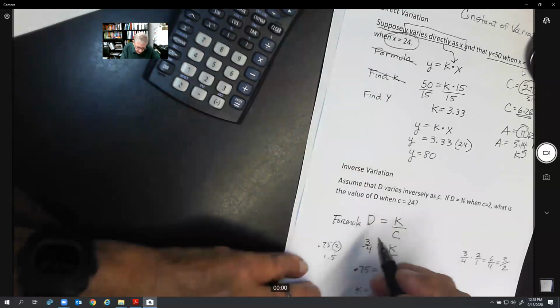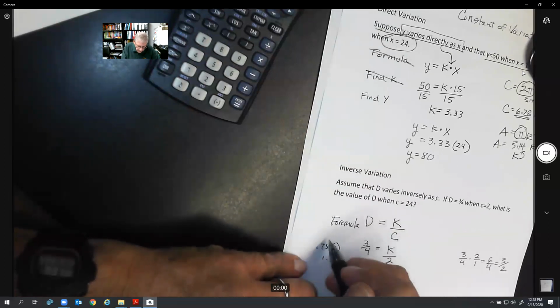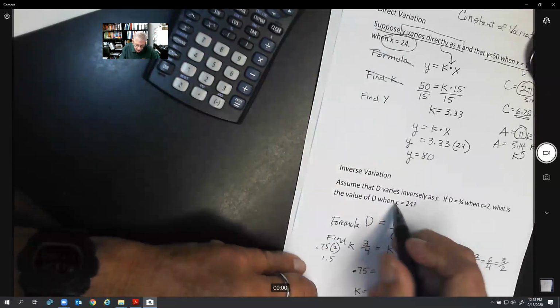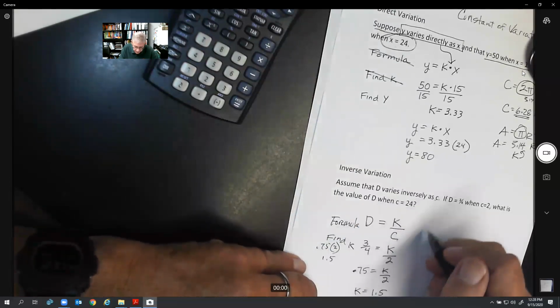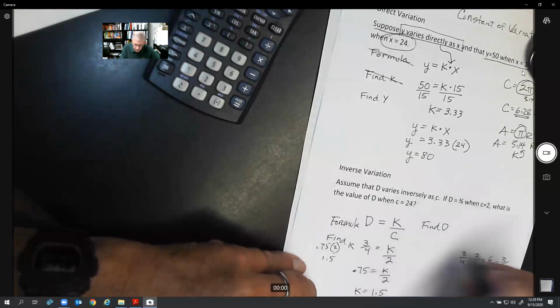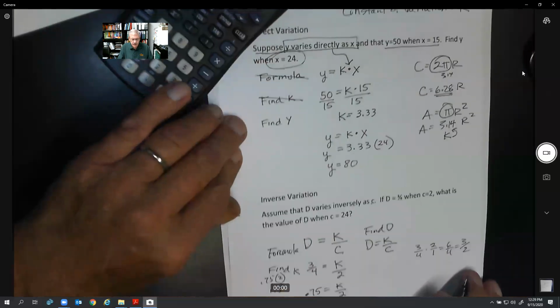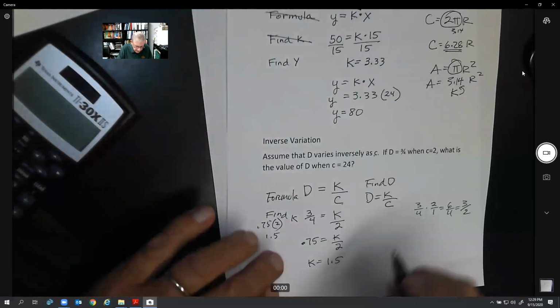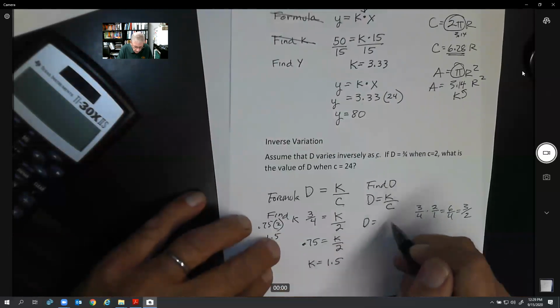And the last thing, like we did before, we have the formula, we found K. Now we're going to try to find D. We're going to write our formula again. D equals K over C. And now we're going to plug in K equals 1.5.